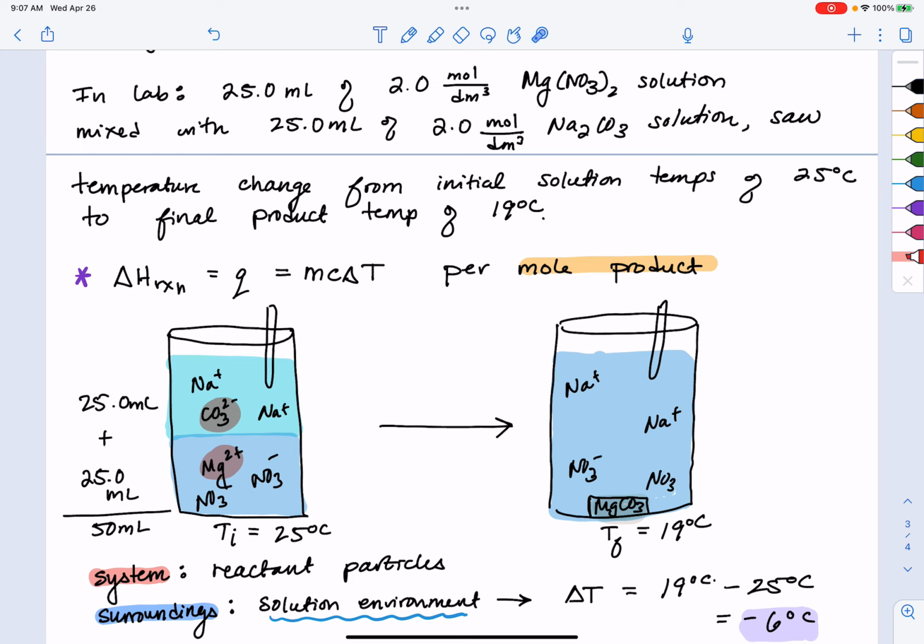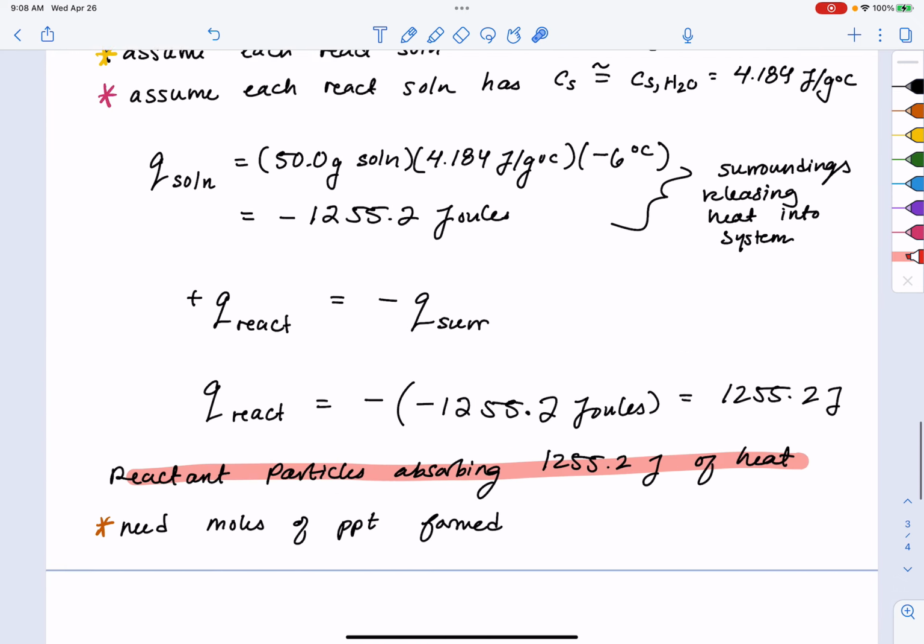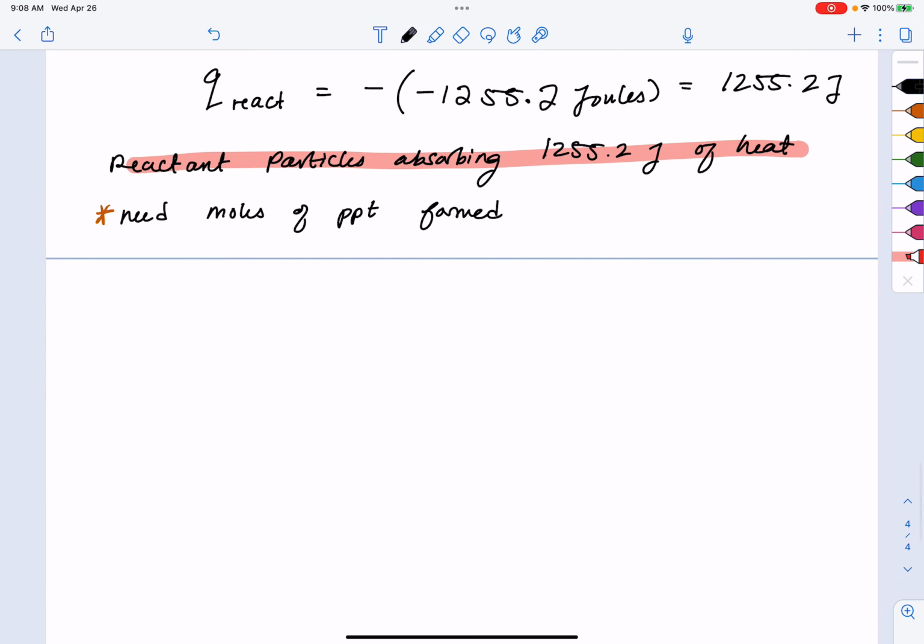And luckily for us, because we had equal volumes and equal concentrations, and this reaction happened 1-to-1 for each reactant, whatever many moles was contained of one is going to be equal to the moles of the other, meaning there is no limiting reactant here. So, sigh of relief, no limiting reactant. We just need to figure out our theoretical yield based on our volume and concentration.